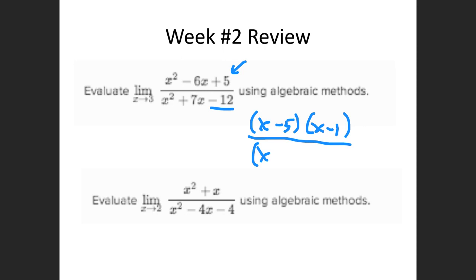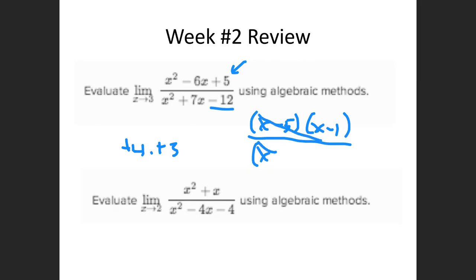Does that factor? I'm drawing a blank. 4 and 3? Yeah, but it has to multiply to be -12. So if you did +4 times +3, you get +12. It adds up to 7, but it's not negative. So I'm going to say that this does not factor.